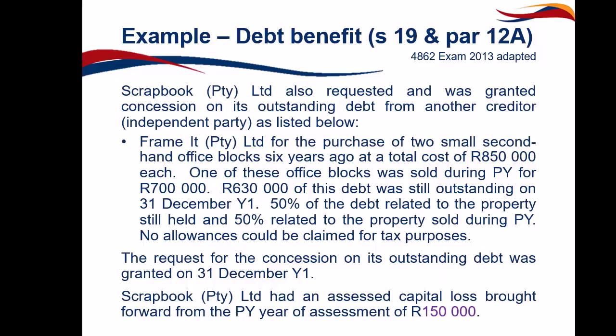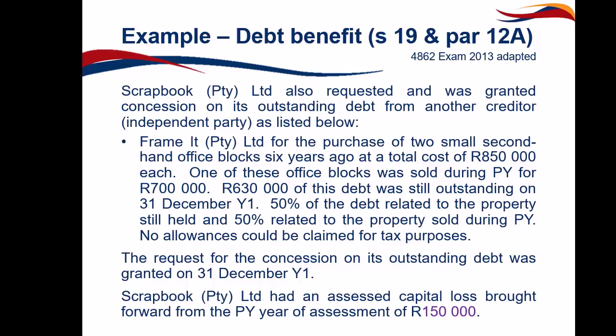This example now deals with a non-allowance asset. And what is interesting about this example is that it is going to show us how to deal with a situation where the asset is sold in the previous year of assessment and when the asset is still on hand. So I really like this example.